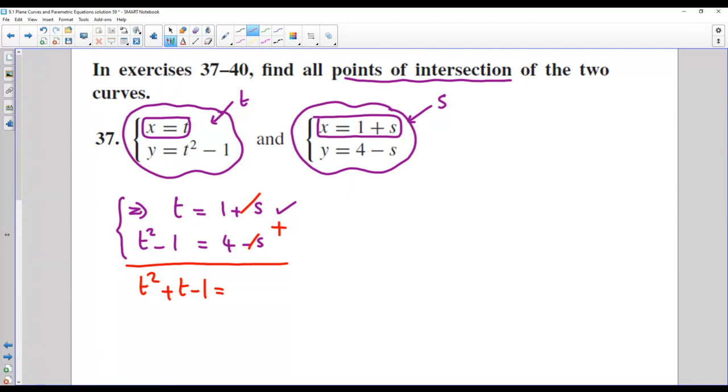And what are we getting on the other side? Equal to 5. Yes, equal to 5. So that means now we have the following equation: t squared plus t minus 6 is equal to 0, which will give us two values of t.